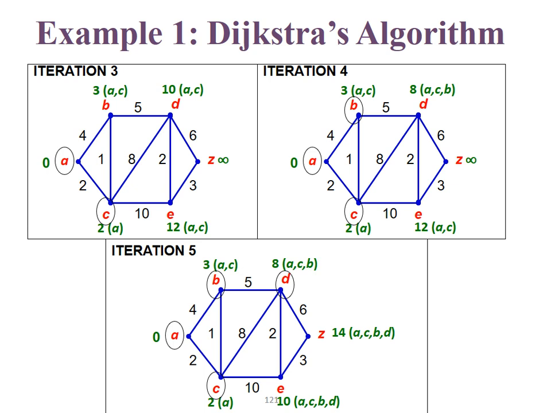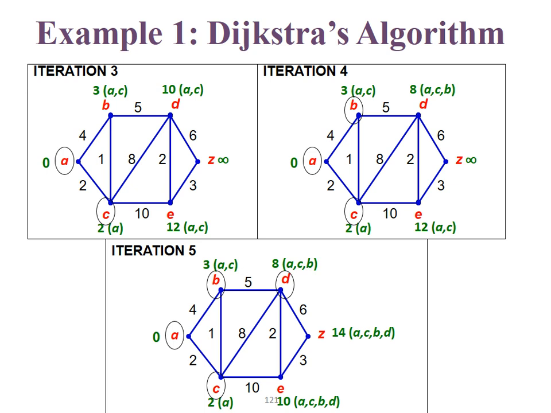So 3 plus 5 is 8. Length 8 is smaller than the distance 10 in the previous situation. So we update length for D. And then we record the path. D is originally from AC. So now it will be ACB to the vertex D. So that's how we update the length of D.